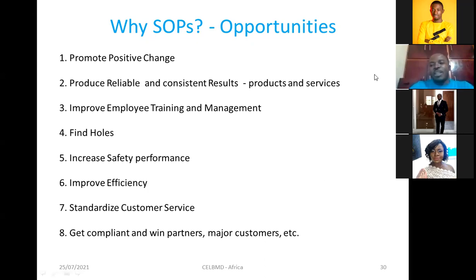And no organization gains certification without adopted SOPs with respect to various procedures along the course of developing and delivering products and services.